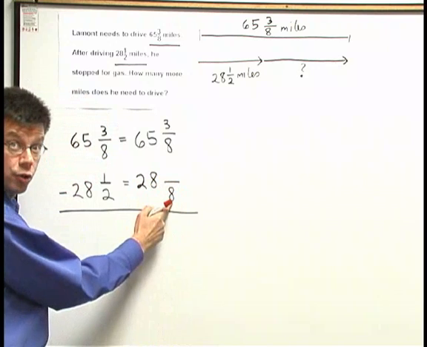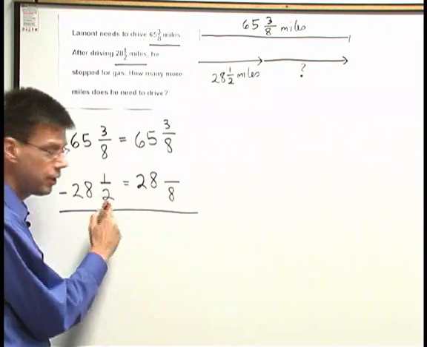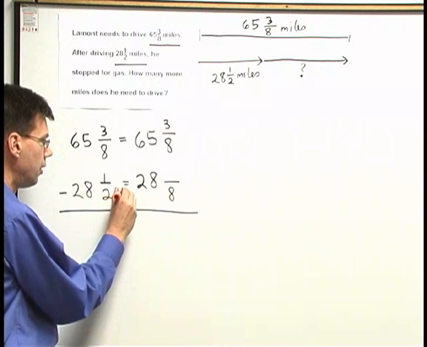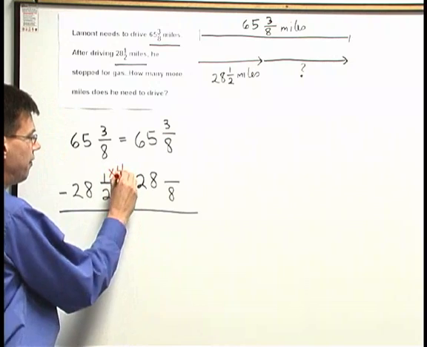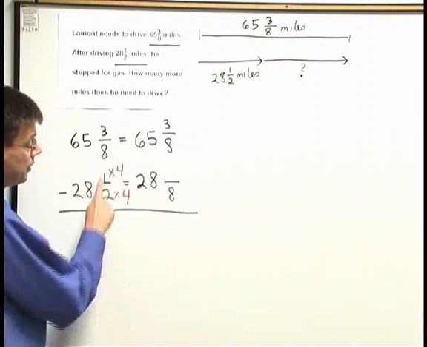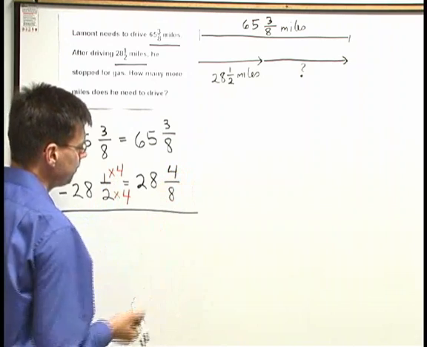Now, to get a fraction with denominator 8, I need to multiply the original denominator 2 by 4. I also then multiply above by 4. 1 times 4 will give me 4 up above here.